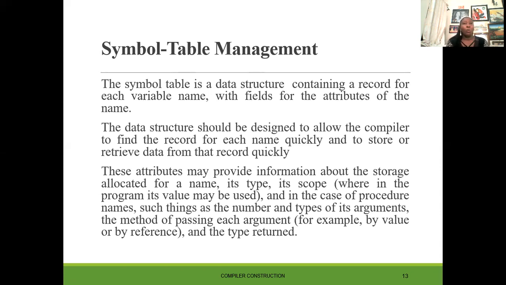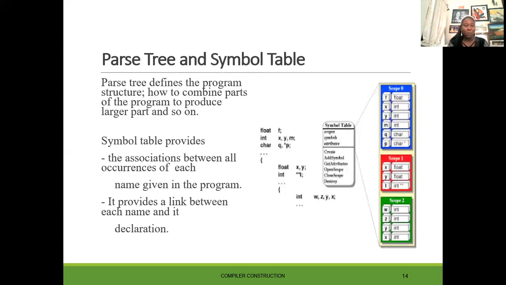Whatever it is that you're dealing with, you want to have a representation of all of these variables in the symbol table. You want to know their name, you want to know their type, you want to know their scope. Now, if you're dealing with functions, for instance, you want to be able to know the number of arguments in that function, you want to be able to know the return type of that function, and you want to be able to store all of this in your symbol table for reference purposes.